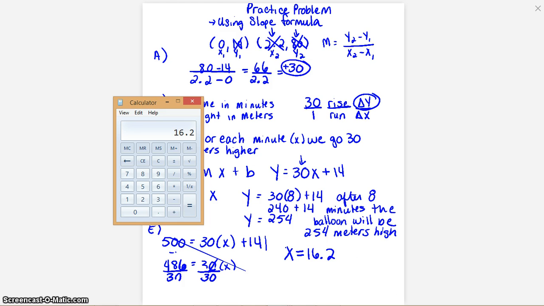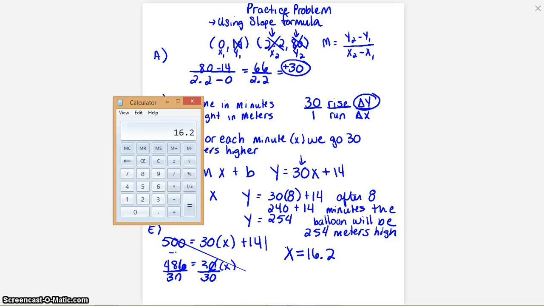Remember, X stands for minutes, so in a complete sentence, the interval will be below 500 meters between 0 and 16.2 minutes. I don't have enough room to write that, so I hope you listen to that.